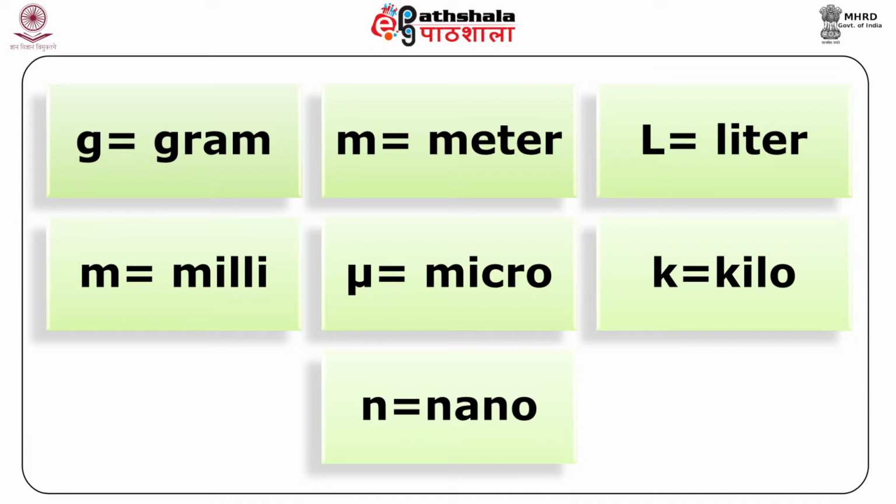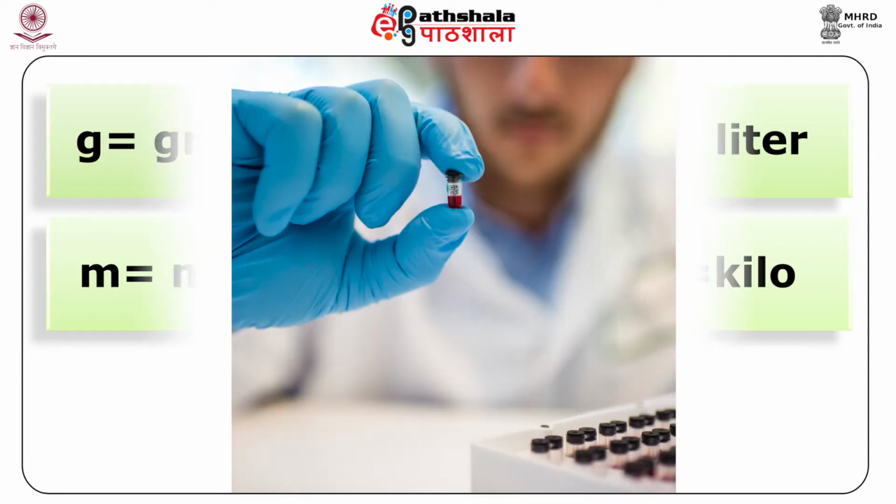The General Conference meets periodically to ratify improvements in the SI system in the years 1964, 1967 to 1968, 1971, 1975, 1979, 1983, 1991, and 1995.